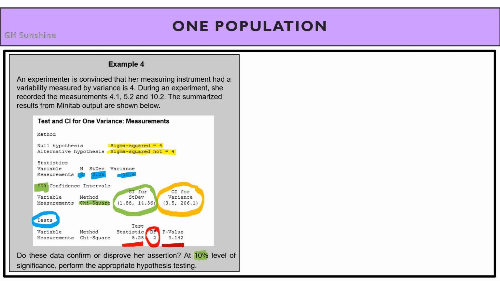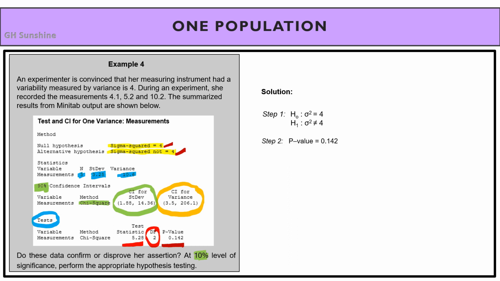Using this Minitab output, does this data confirm or disprove her assertion? At 10% level of significance, perform the appropriate hypothesis testing. First, H0: variance equal to 4, and H1: variance does not equal 4.